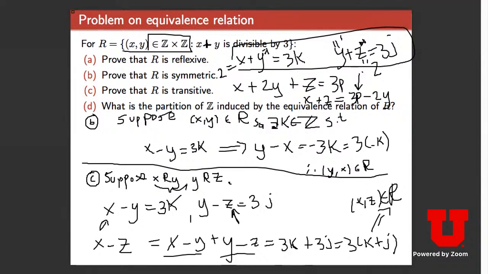So we can come up with relations which are symmetric and transitive but not reflexive. But if you add that additional assumption, that every element is related to some other element, then you get the reflexivity.